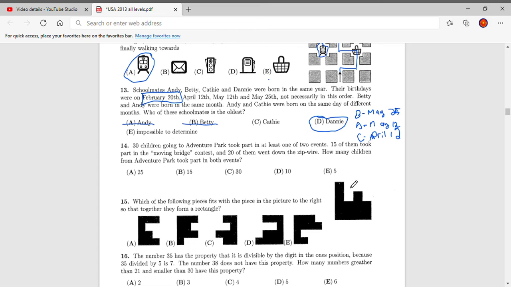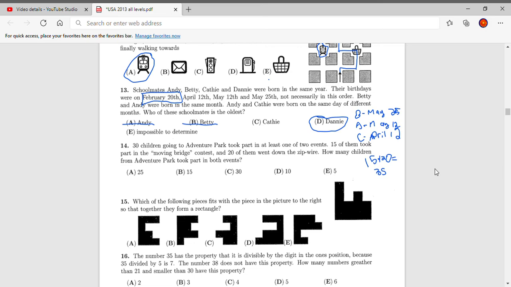So in this case, you would add up 15 plus 20, and you get 35. And if it says something like some children didn't participate, then you would subtract that number from whatever total you get.